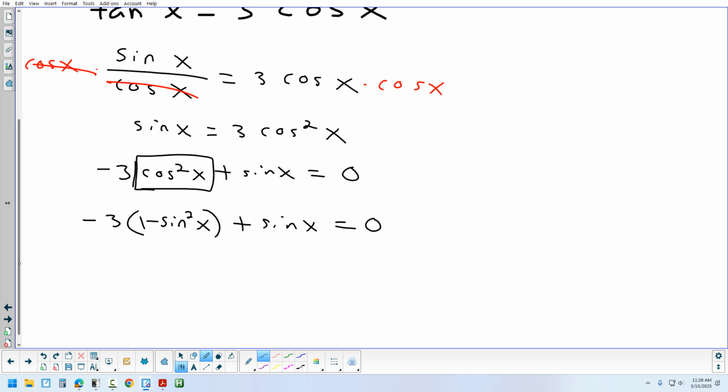Let's distribute it and put it in the right order. So I'm going to do that part first. -3 times negative sine squared is positive 3 sine squared, plus sine x. And what's -3 times 1? Negative 3. I'm going to put that at the end. Any question on that step?